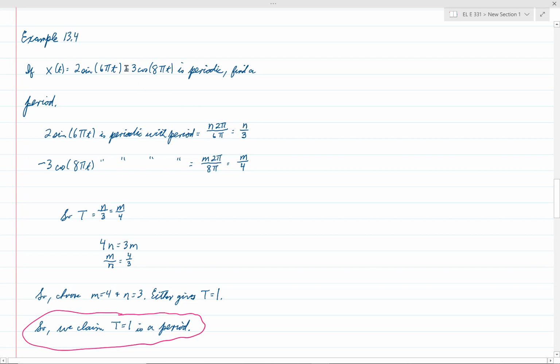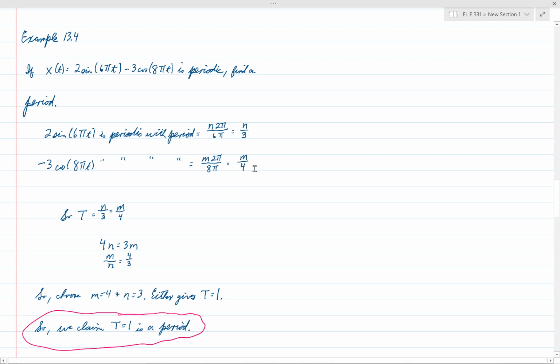And likewise, the second term, minus 3 cosine of 8 pi t, is periodic with period, and here I won't use n again because this is a different function, I'll use m, m times 2 pi over 8 pi, which is m over 4.